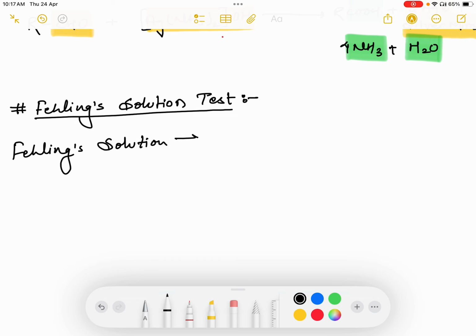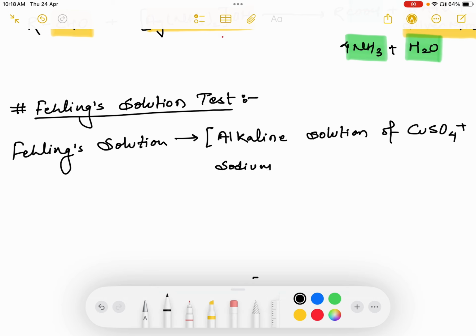So Fehling's solution is basically an alkaline solution of copper sulfate containing sodium potassium tartrate.